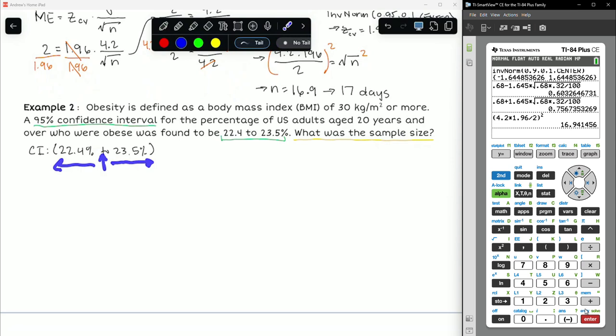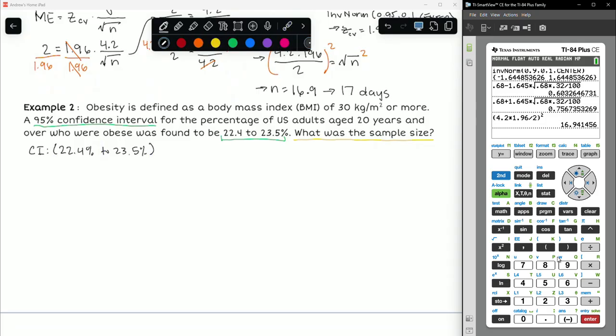Meaning the margin of error should be half the width of this interval from end to end. So I'm going to subtract those values to figure out how wide the interval is, and then I'm going to divide it in half to get my margin of error.